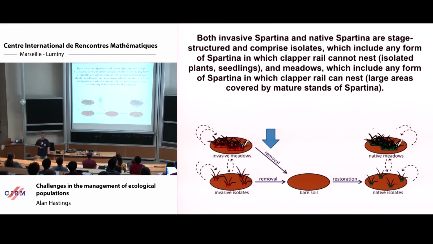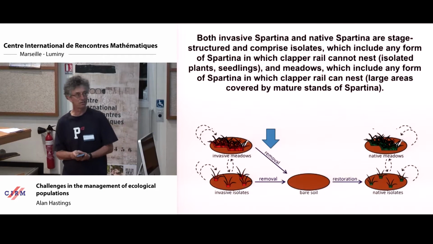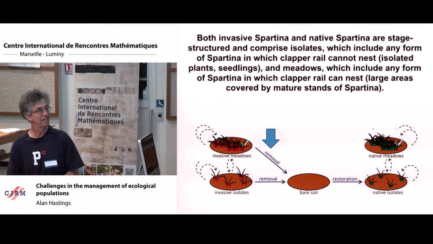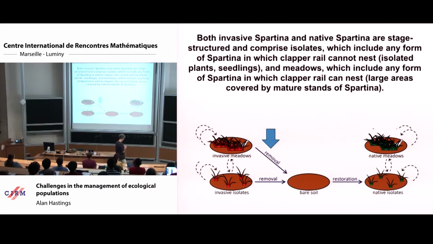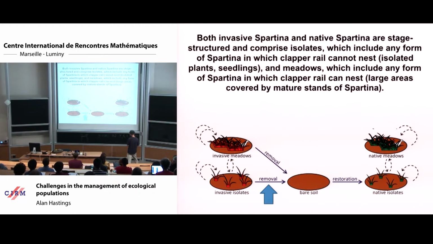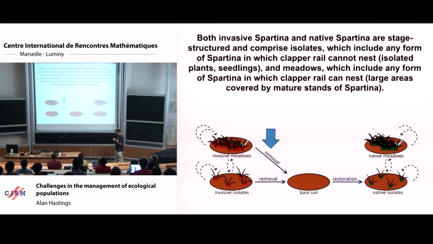We need to separate out, in some sense, clones and meadows. And the bird, as you see, is hiding here or here, but not here or here, because the bird only uses meadows as habitat.